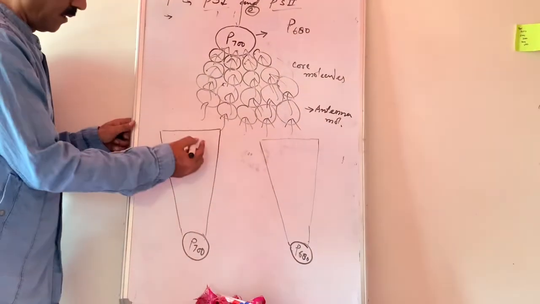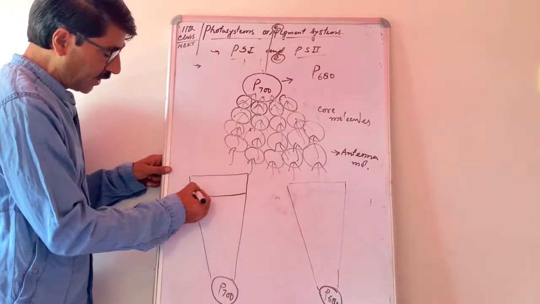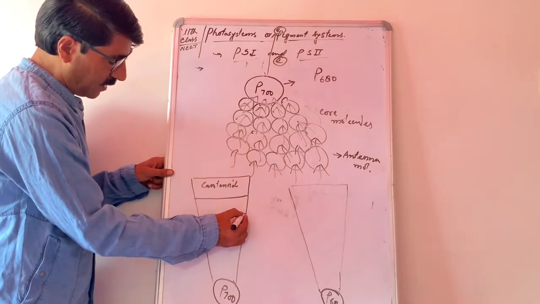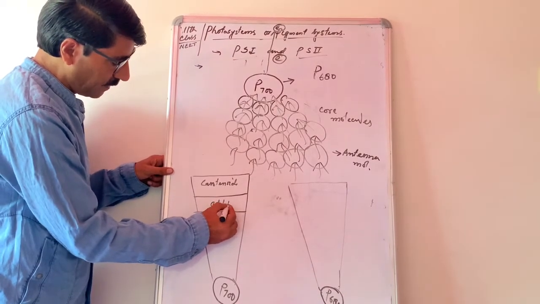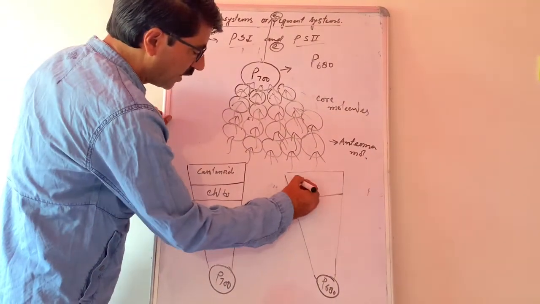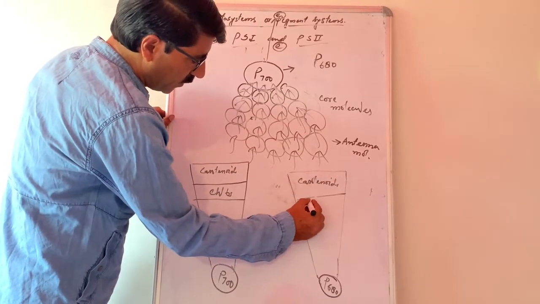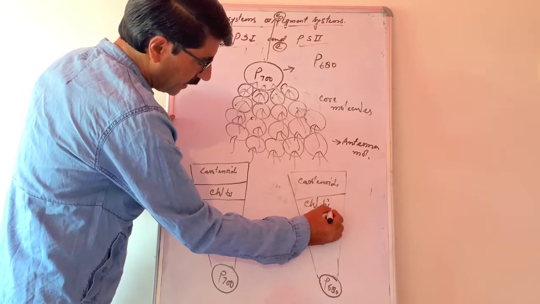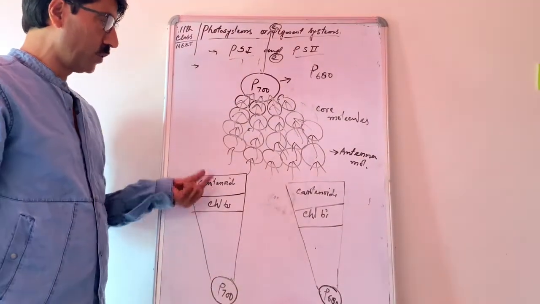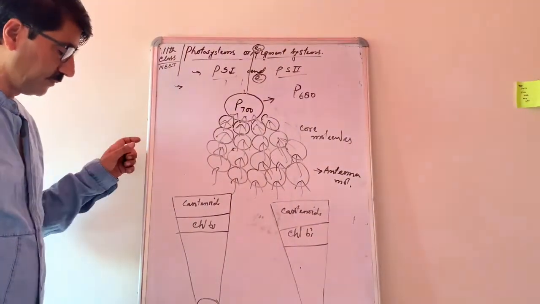Now here, on the antenna side, there are the carotenoids, there are the chlorophyll B's, and there are the chlorophyll A's. Likewise in this, we have the carotenoids, the chlorophyll B's, and the chlorophyll A's. In these diagrams, I am trying to show you the distribution of chlorophyll A molecules which absorb light of different wavelengths.